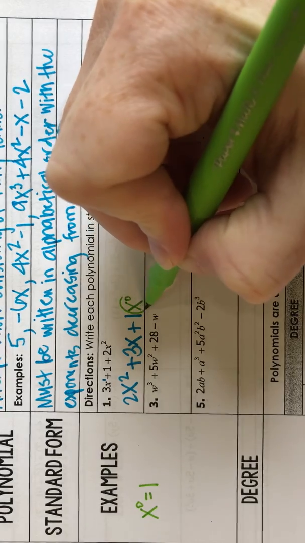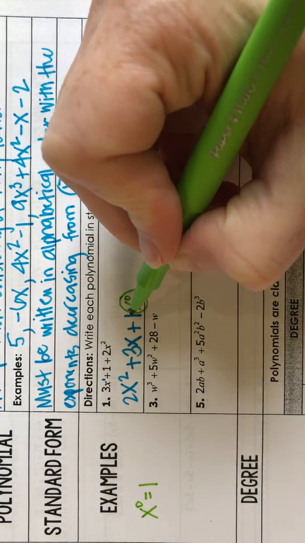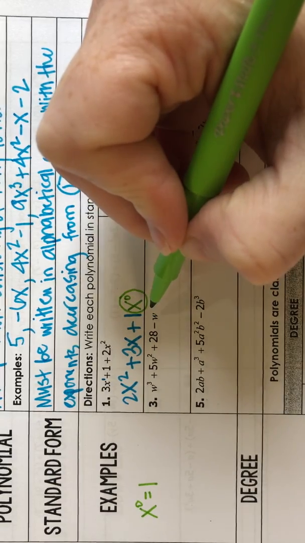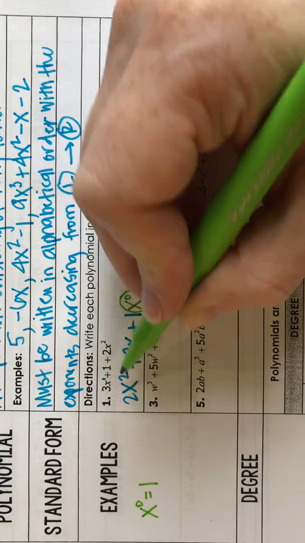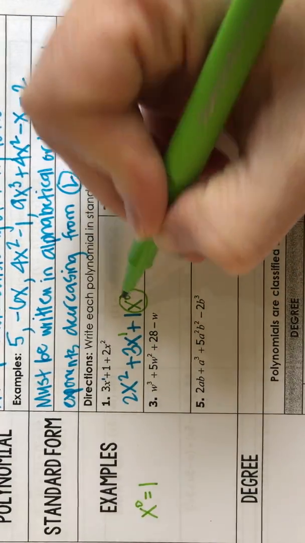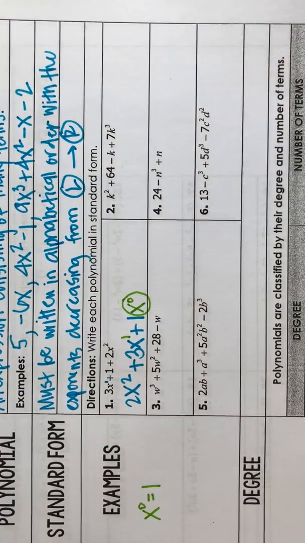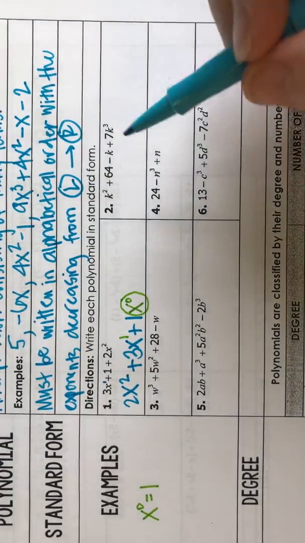So this right here, if this is equal to 1, 1 times 1 is still just this positive 1. So we don't write this out to the side, but I want you to see that my powers decrease 2, 1, and then 0 from left to right. Okay? All right, next, number 2.